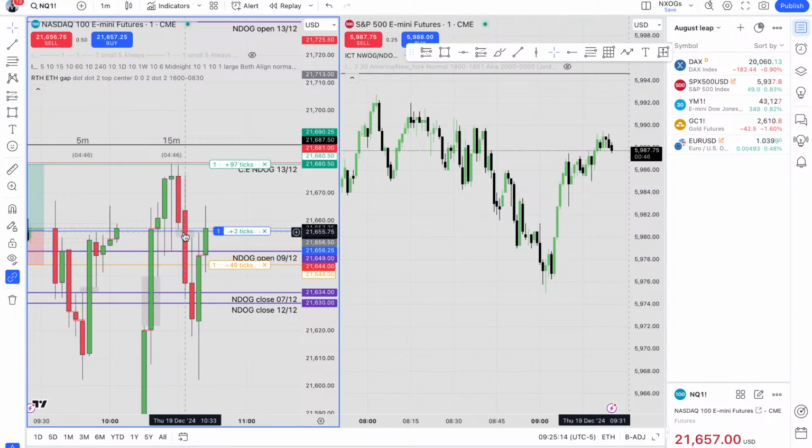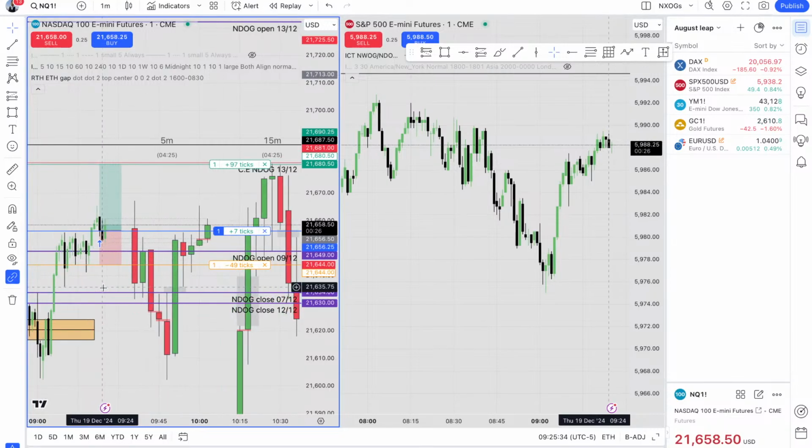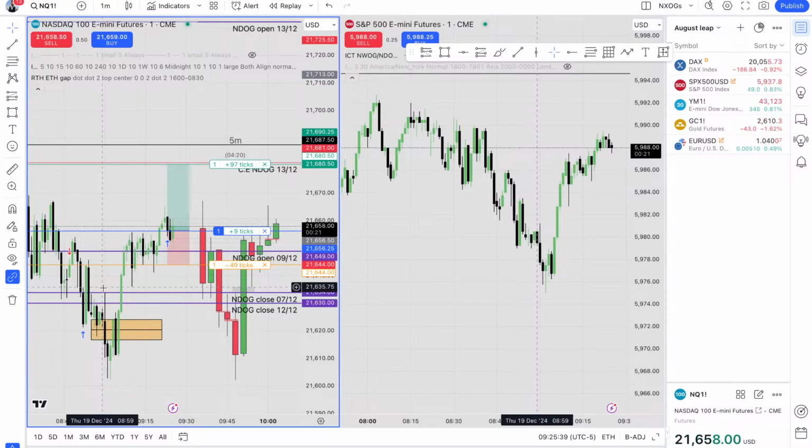Oh, I didn't see this volume imbalance here. I would want the 15-minute candle to close at least above this volume imbalance. But the 9:30, as we all know, is very unexpected. So I will try to change my entry to break even a minute before.